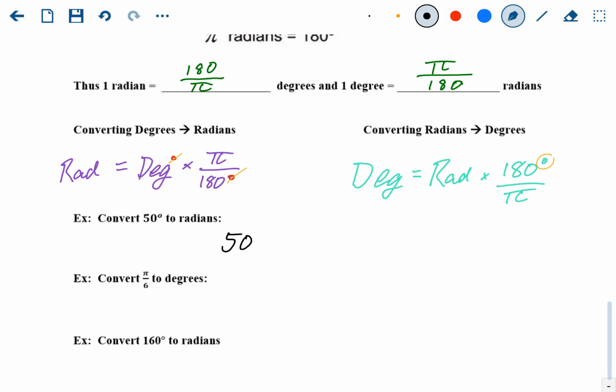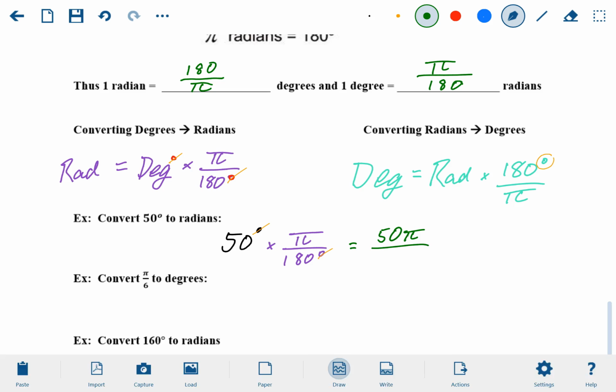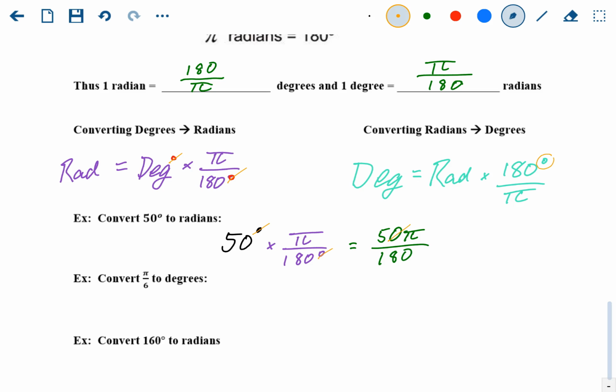All right, so converting 50 degrees to radians, we're going to multiply by pi over 180. Now, when we write radians, we usually leave pi in the answer. I'm going to do both here, though. So the degrees cancel out, and then you're just left with 50 times pi, or 50 pi over 180. Okay, the zeros cross out. You want to try and simplify your fraction.